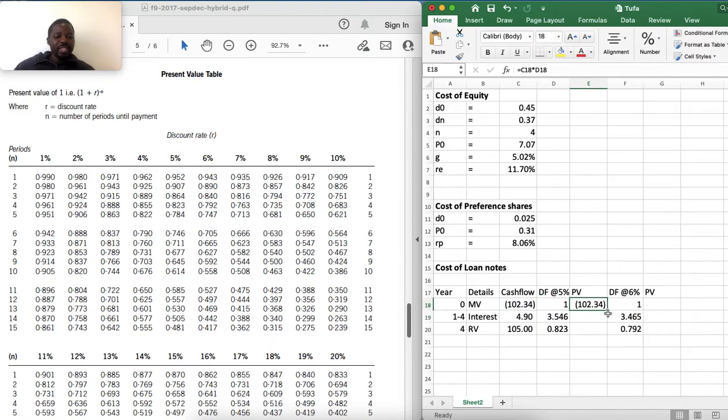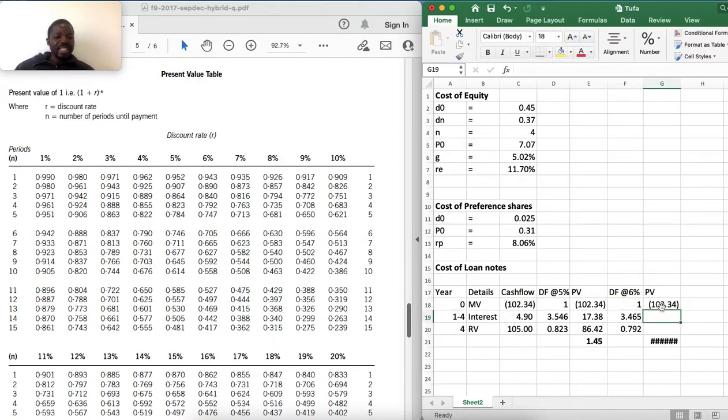If we get this figure, we can drag it down. Then from here, we can have our sum, where we'll sum all these. We get that figure. We can copy it and put it here. Then here, 6%, we will say the cash flow multiplied by the discount factor.